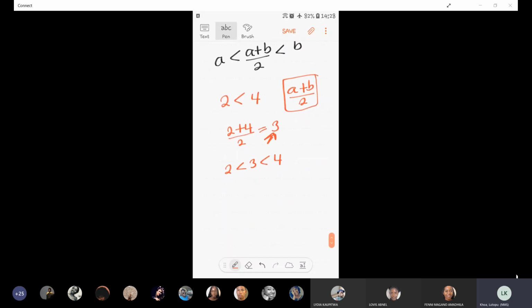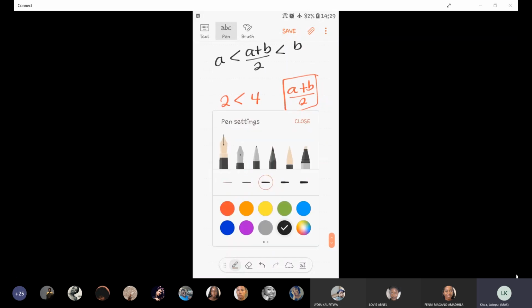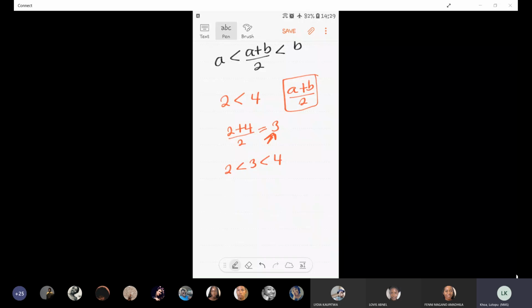Right, so now how do we prove this? So we have A less than B. Now we know that an inequality does not change direction when we add anything on either side. We don't know whether A or B are positive or negative.